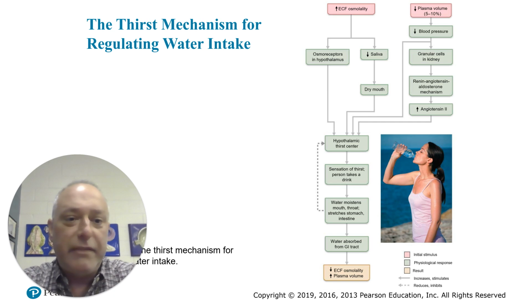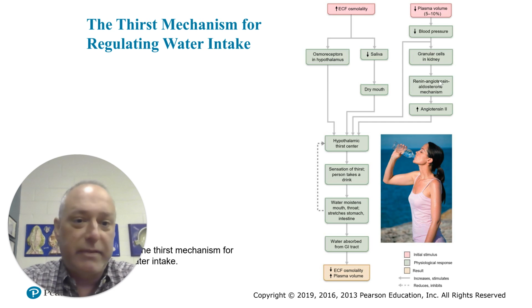Also, decreased saliva is a key, but both of these, high sodium and dry mouth, will activate the hypothalamus, which is the location of our thirst center. So then we drink fluid, and the osmolality decreases, but the plasma volume increases.